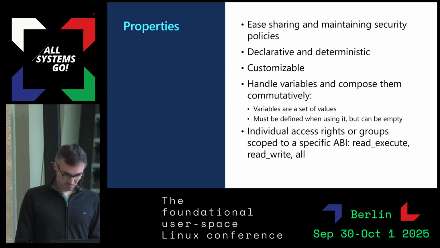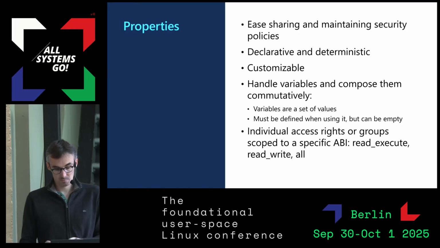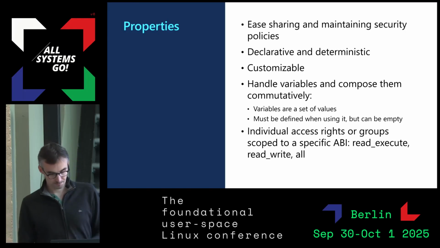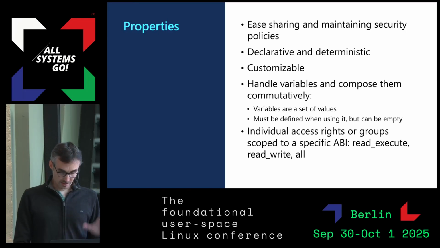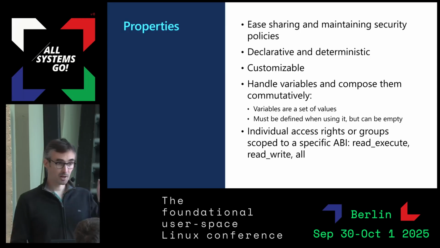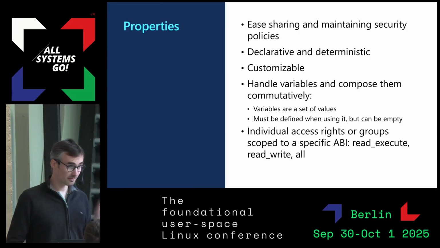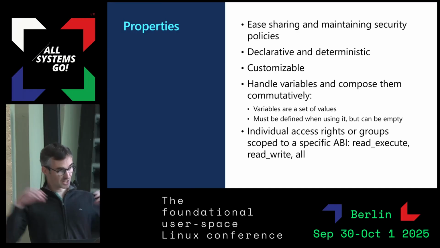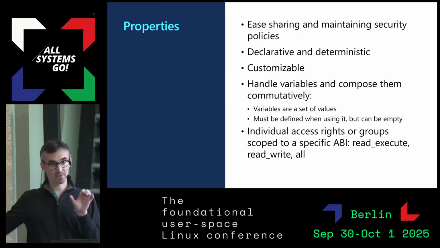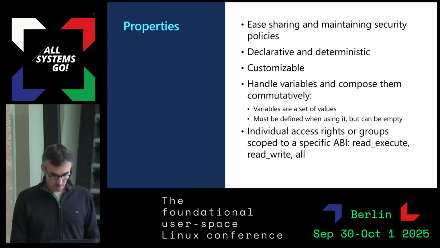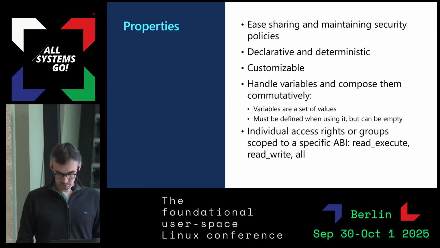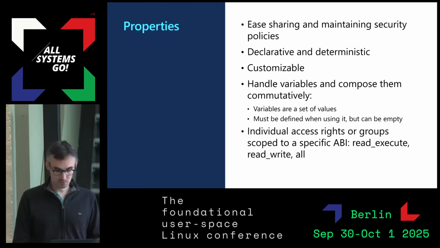There's a kind of variable that can be used to make this static version more dynamic, and that is designed to be easily and natively composable with different files. So we can define one variable in one file and the same variable in another file, and it would just extend this same variable with the new values. And there are some predefined useful groups like read, execute, write, and all, to restrict all access.